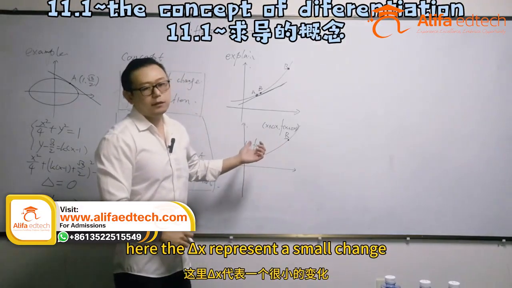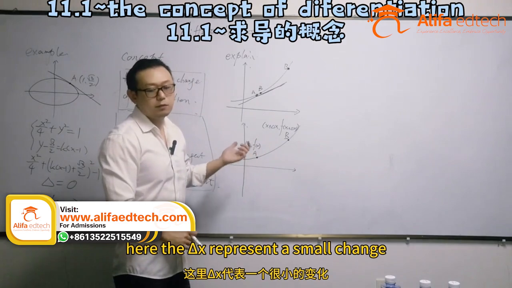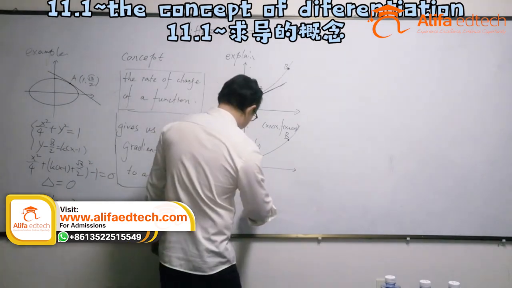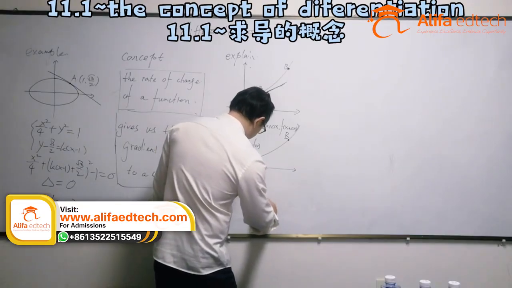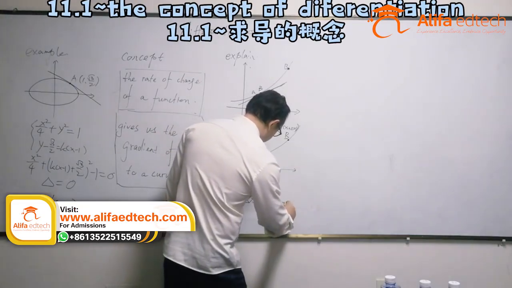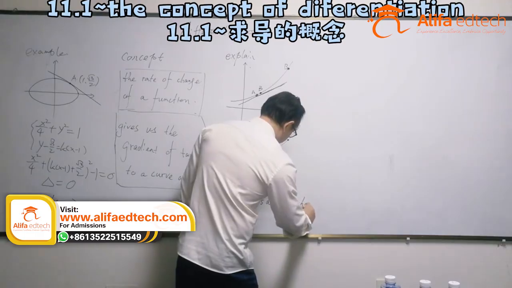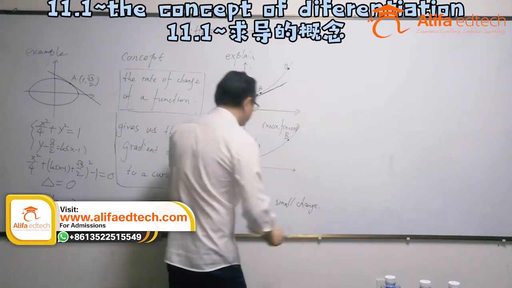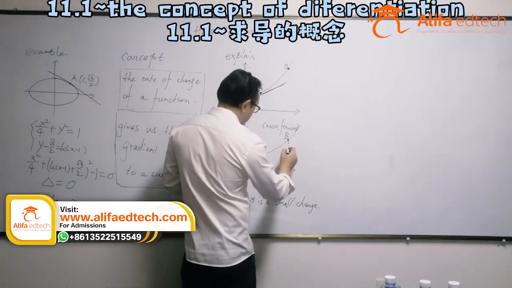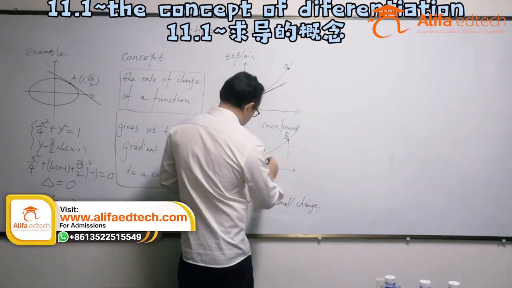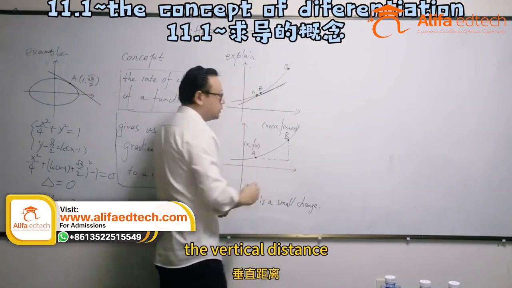Here, delta x represents a small change. Now we can get the vertical distance.